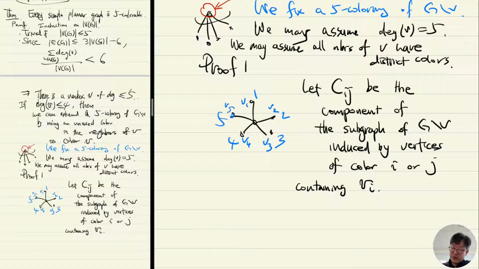Okay, so what I mean is I look at the induced subgraph consisting of vertices of color I and J, and in this induced subgraph I choose the component containing Vi.